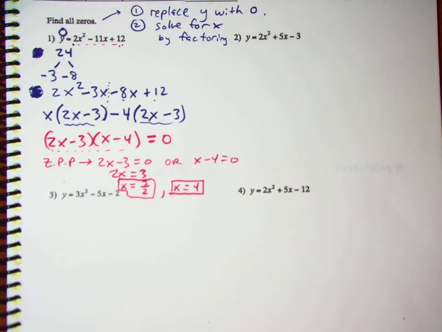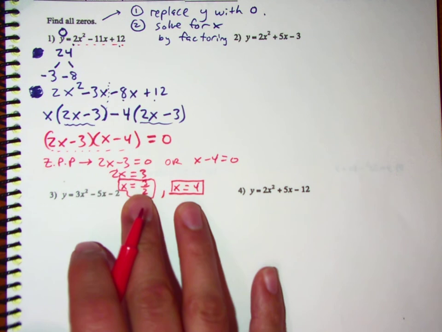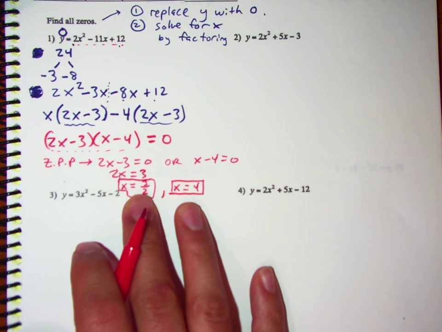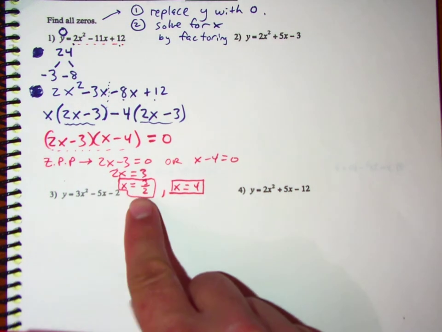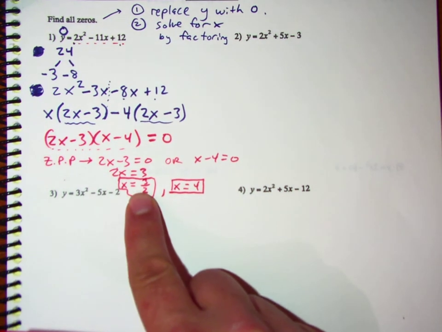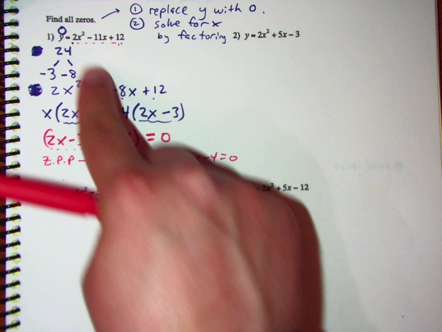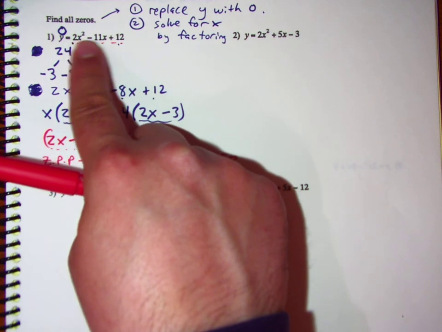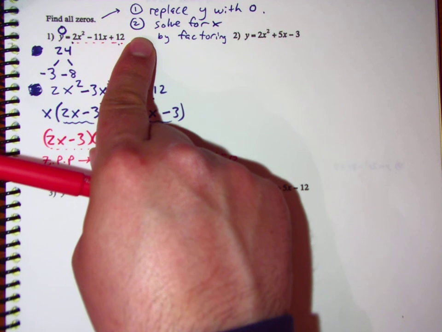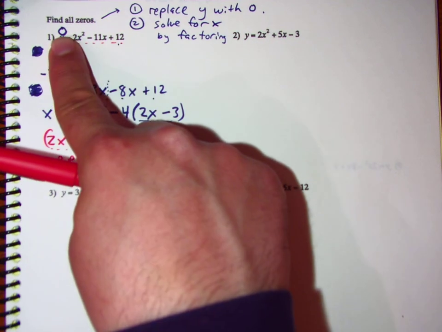Now I should mention we haven't really talked about it in this series of videos, but you can always check your answers by taking 3 over 2, which is 1.5. You plug it back into the original equation, and you type it in the calculator. You check your answer, and you should always get 0. Okay?